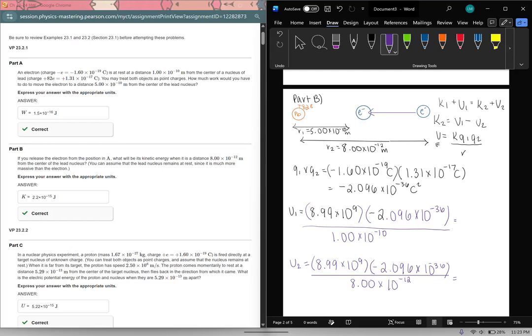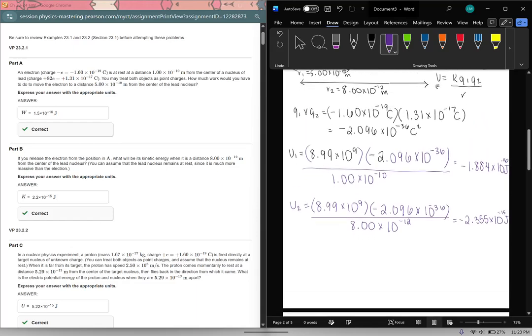Yes, that's what I got. Negative 1.884 times 10 to the 16 joules. And for the second one, I got negative 2.355 times 10 to the power of negative 15 joules.